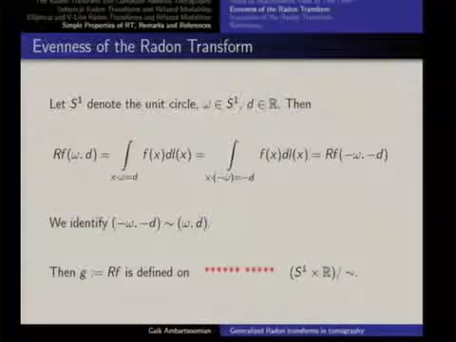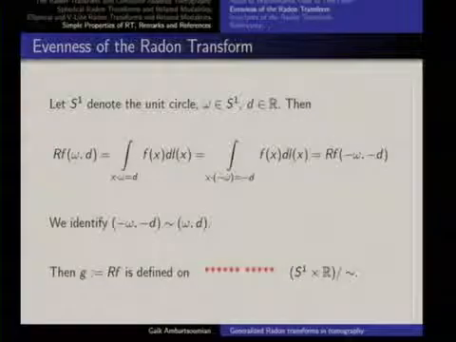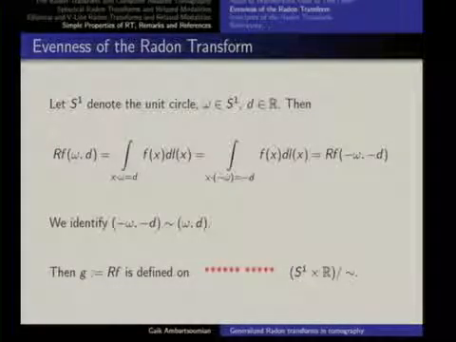So here's the thing, guys. Remember, we had this picture of the sinogram. If I'm trying to make a graph of the Radon transform, let's say this is minus pi and this is pi. Let's say this is 0, this is 1 for the distance, because beyond that distance you don't touch the support, so there is no point of integrating. The function is 0 outside. So if you have the sinogram defined here, you can easily define the sinogram here, right?